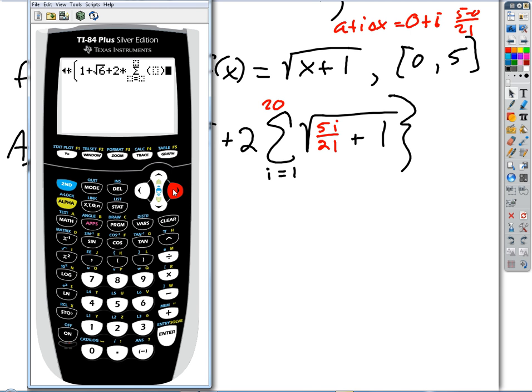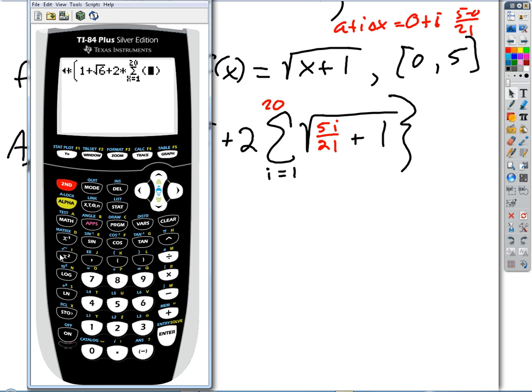So then if we go back over, fill in these particulars. Instead of an I, we've got an x right there, so we'll just call it x. X goes from 1 to 20 of the sum of that, right?